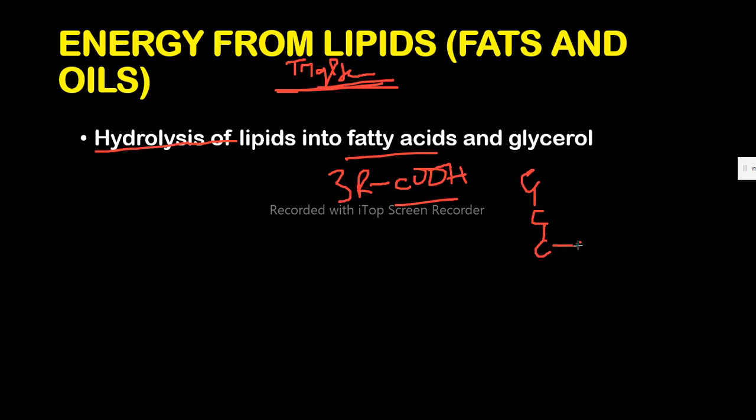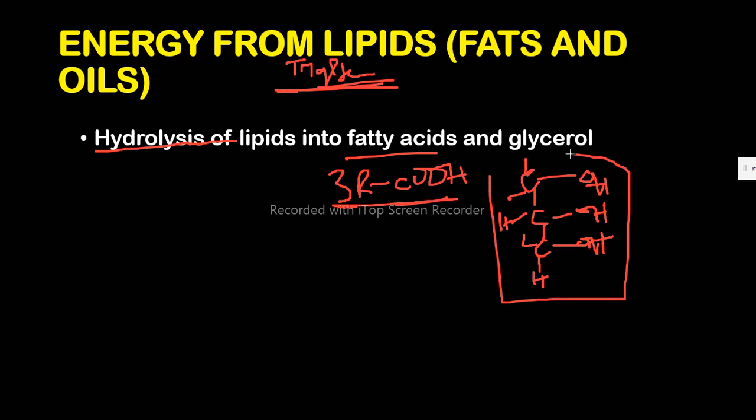So this is OH, and this is OH, and this is another OH, and the rest is H. So you hydrolyze the fat into the fatty acids and the glycerol molecule. Okay, that's the first step.